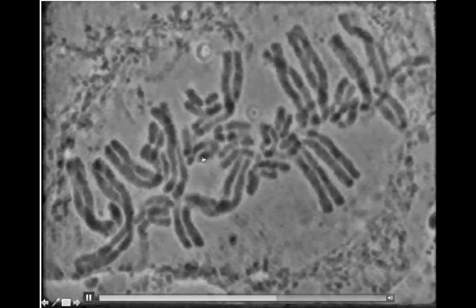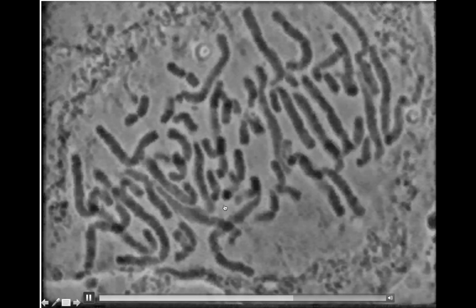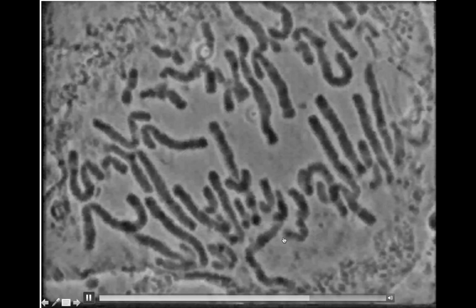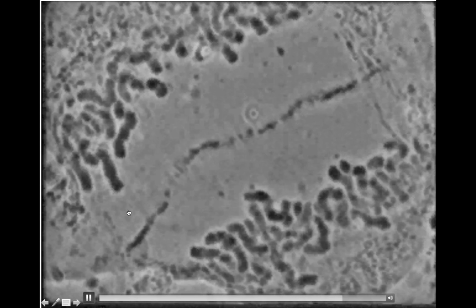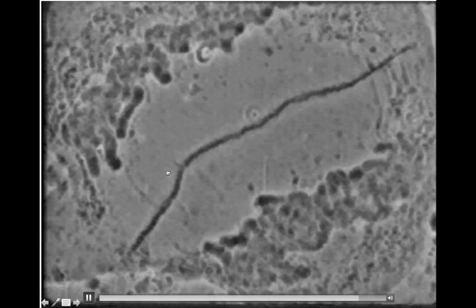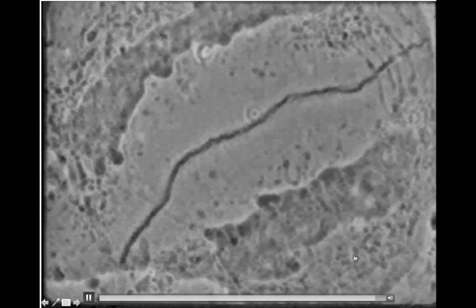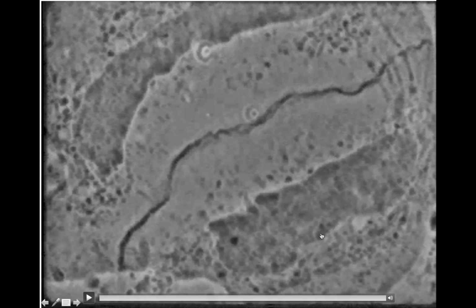You're getting ready. Here they go. The two chromatids separate, and each set of chromosomes goes to the opposite poles, and then a cell wall forms in between. You can also notice that the chromosomes are now decondensed back into chromatin.